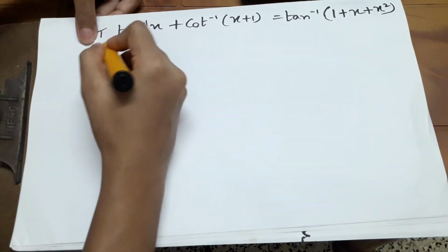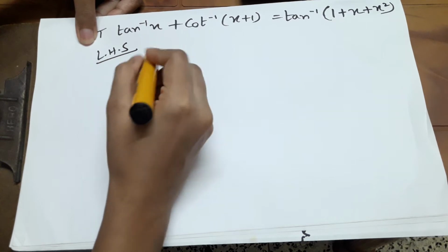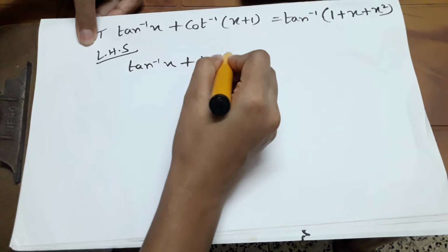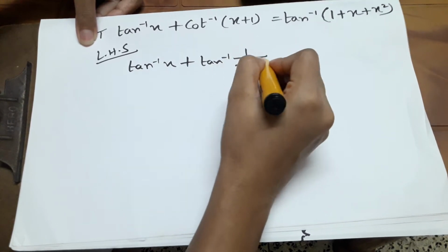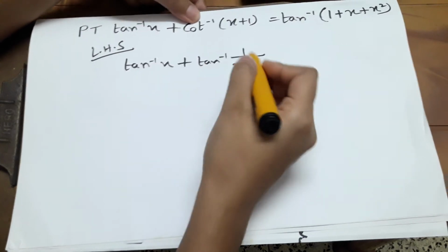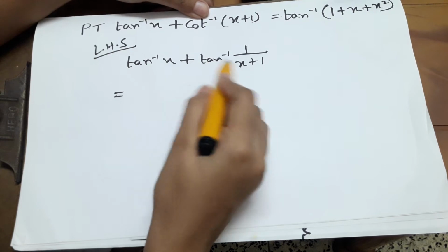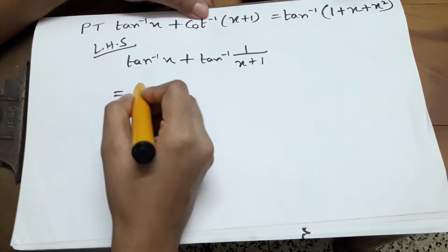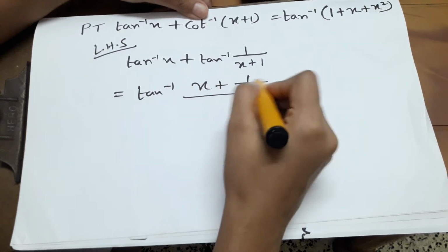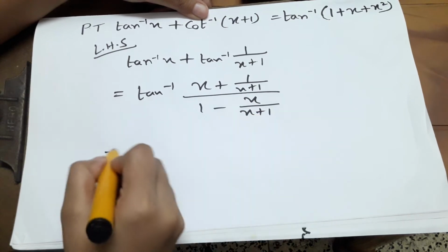That means I will write LHS: tan inverse x plus tan inverse 1 by x plus 1, because we know that cot inverse x means tan inverse 1 by x. Now tan inverse a plus tan inverse b, what is the formula? Tan inverse a plus b by 1 minus ab.